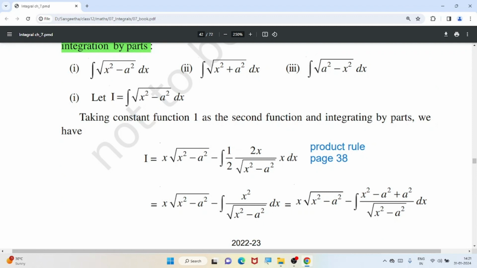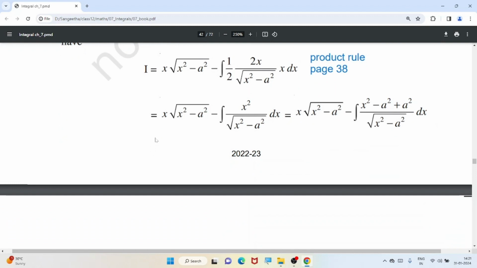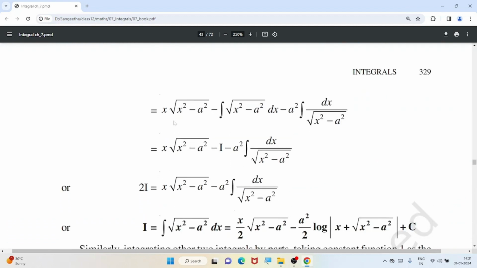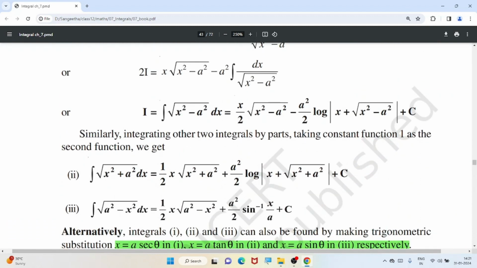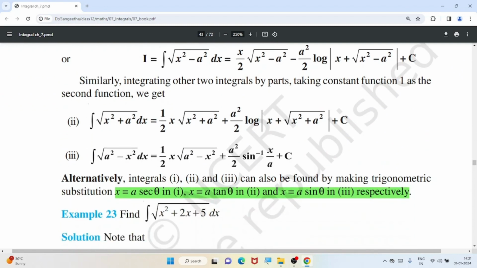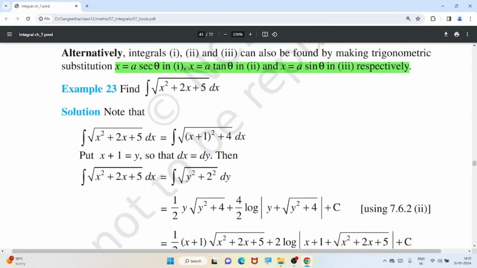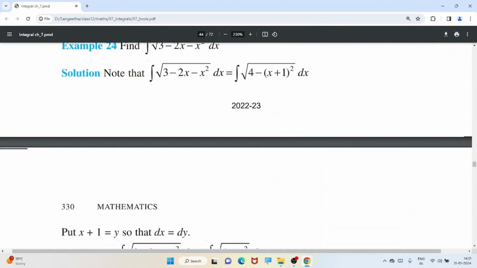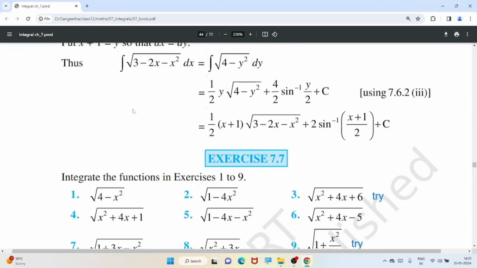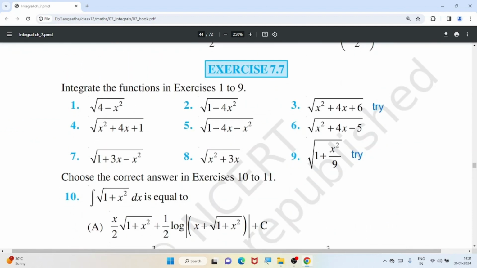Here you are applying the product rule again, and the result is this. Similarly, you apply the rule for other things. Try some of it.